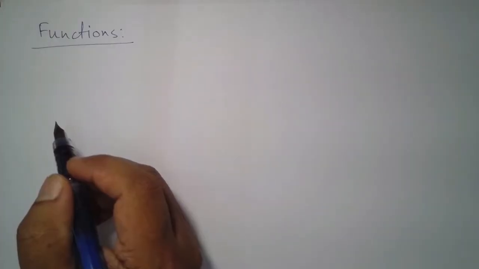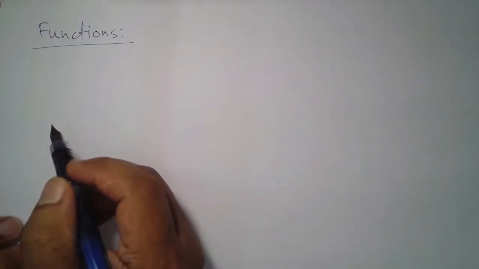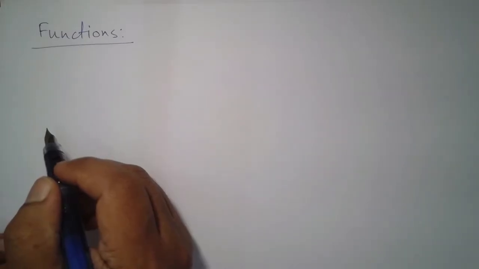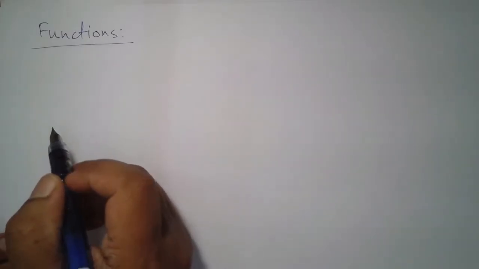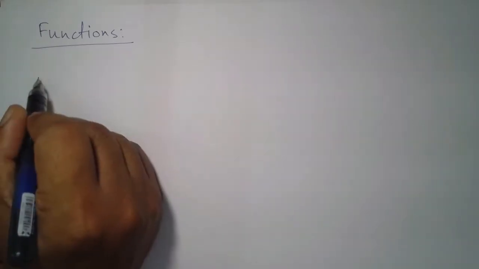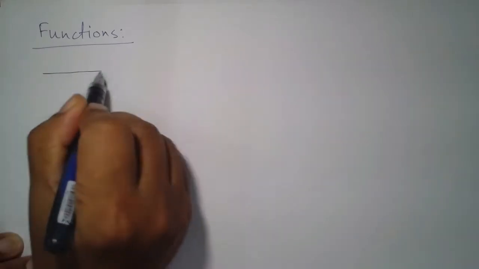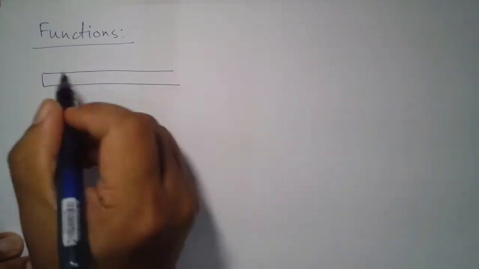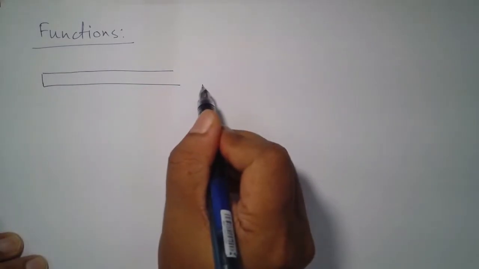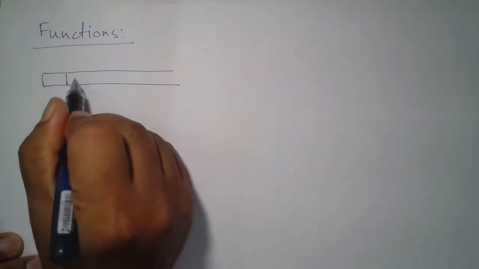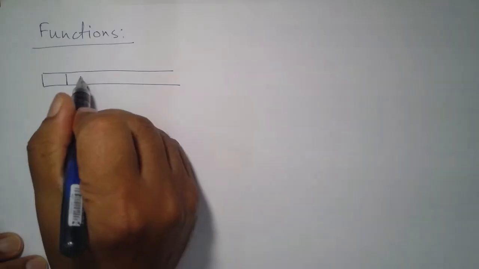So how does a function get implemented in your architecture or in your processor? A function, as we could intuitively understand, will have a starting address. For example, let's say this is my memory, and in the memory I have defined a function.